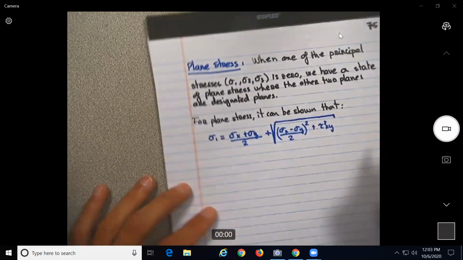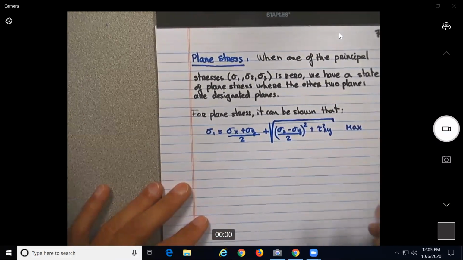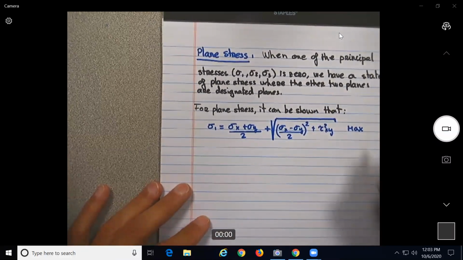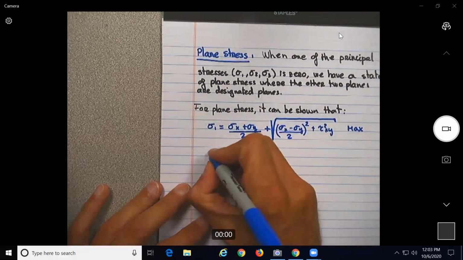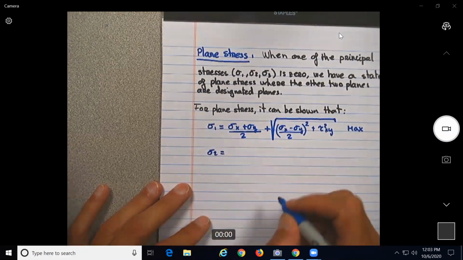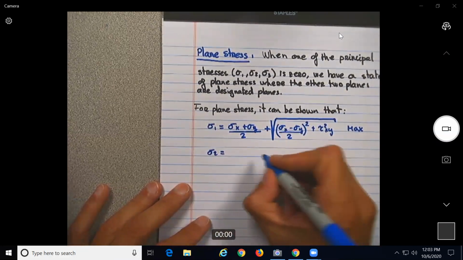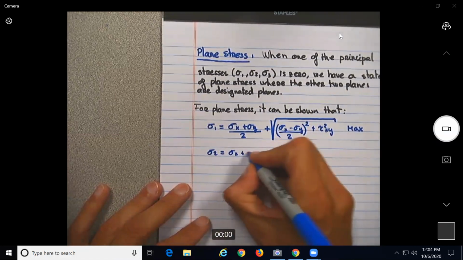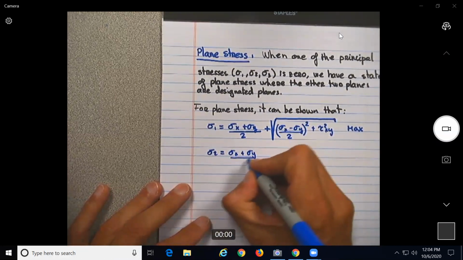So this will be your max principal stress. Your minimum principal stress will be equal to, same thing, but with a minus sign in front of the root.